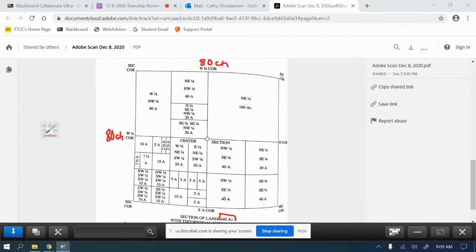So when you're reading a description of this type, it's simplified by the following, and the description is backwards. So for an example, we would go the east half of the southwest 1/4 of the southeast 1/4 would be typically how we label that.